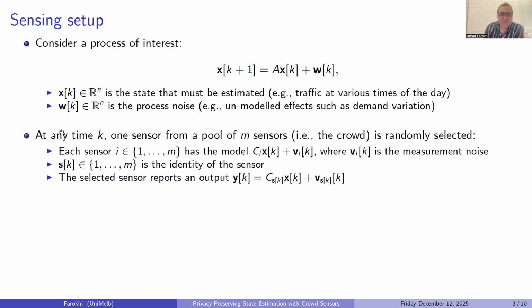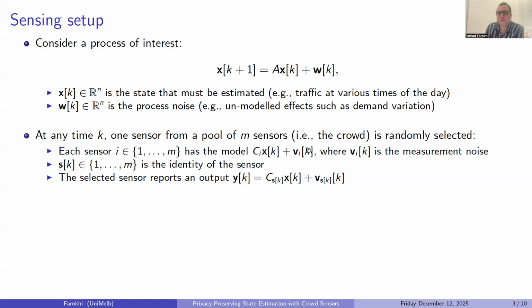So at any given time, we assume that one sensor from a pool of M sensors, potentially more than one, and those are our crowd, is randomly selected, and this sensor would be able to give us a linear measurement of the state. This measurement is captured using C_i times X. So we're getting some of those X's or a combination of a few of them together.